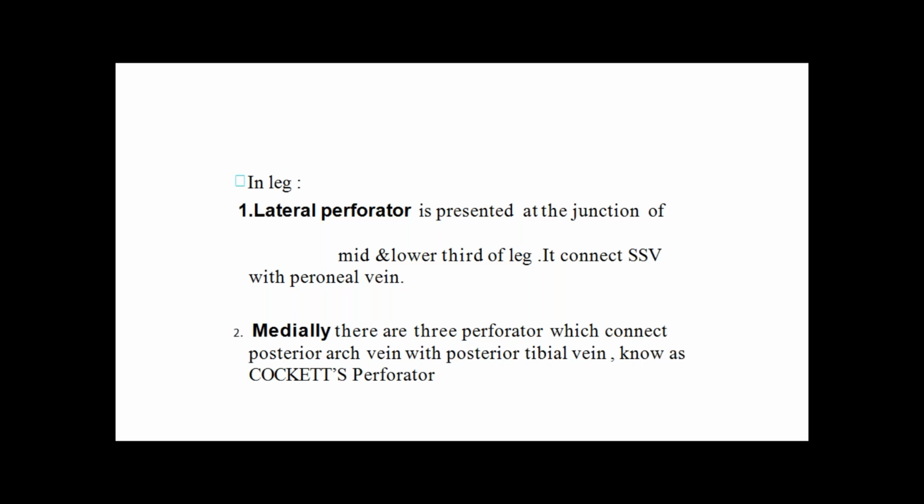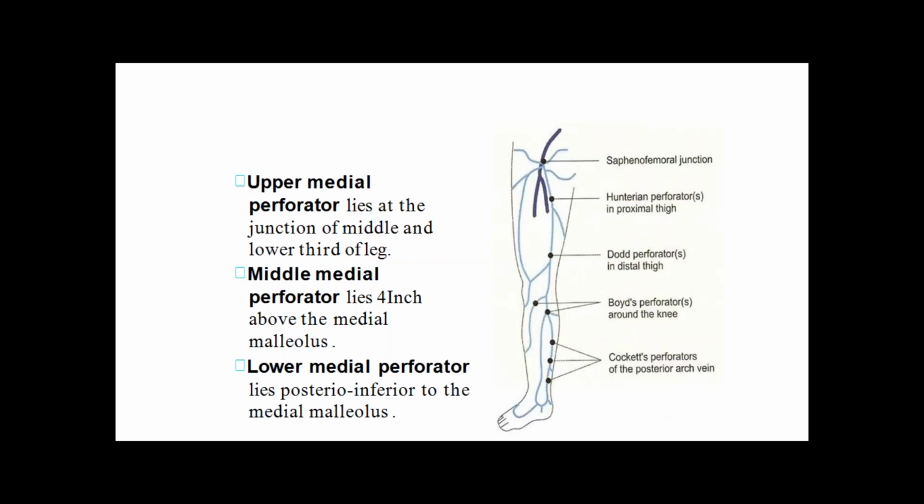Medially there are three perforators which connect the posterior arch vein with the posterior tibial vein, known as the Cockett's perforators, in the upper third of the leg, middle third and lower third. The upper medial perforator lies at the junction of the middle and lower third of the leg, whereas the middle medial perforator lies 4 inches above the medial malleolus, and the lower medial perforator lies posterior and inferior to the medial malleolus. Here I did not mention the other ankle perforators, called May and Kuster.